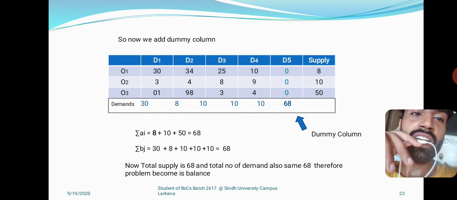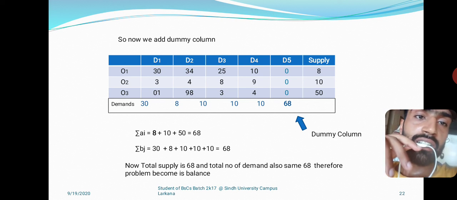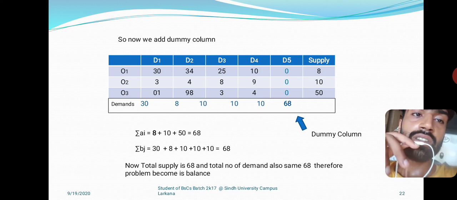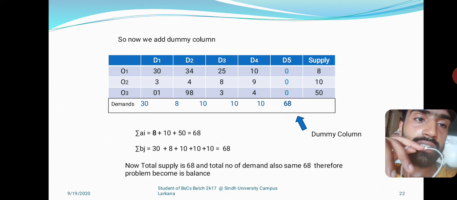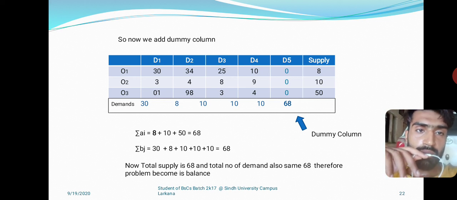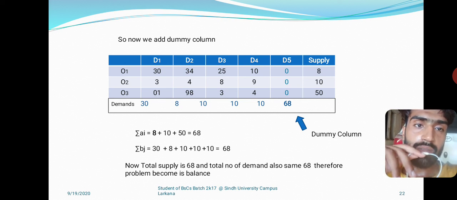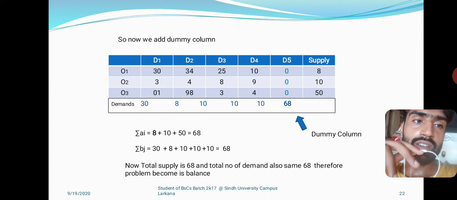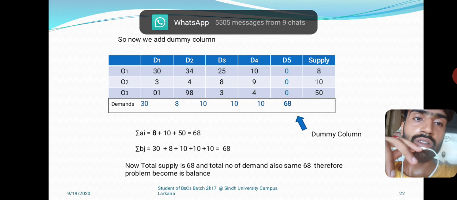Sum of Ai is 8 plus 10 plus 50 equals 68. Sum of Bj is 13 plus 8 plus 10 plus 10 plus 10 equals 68. Now the total supply is 68 and the total demand is also 68. Therefore the problem becomes balanced.